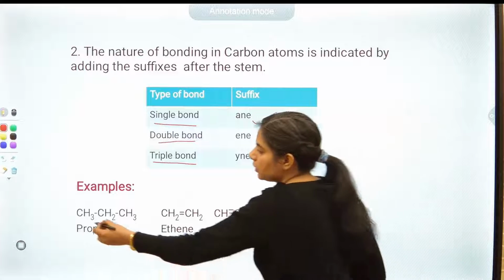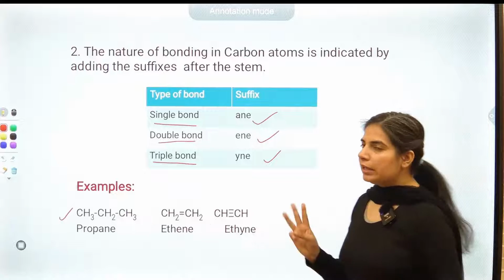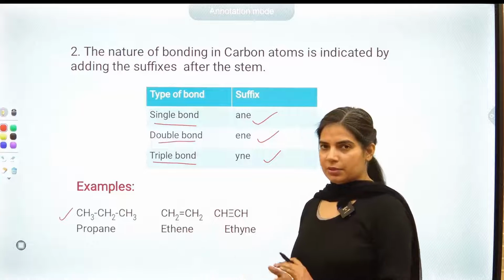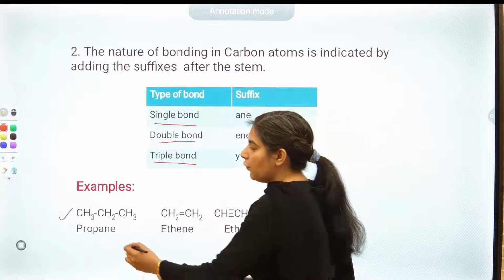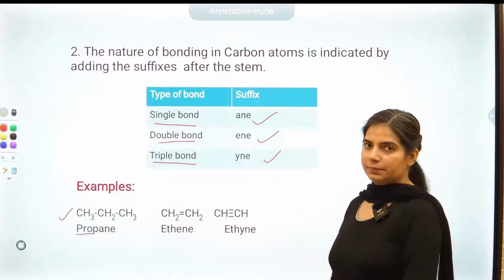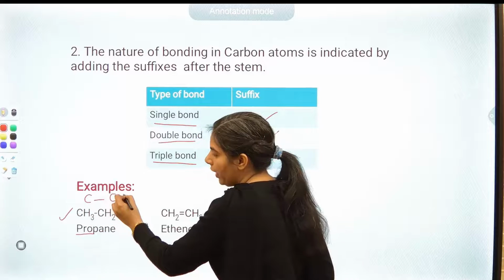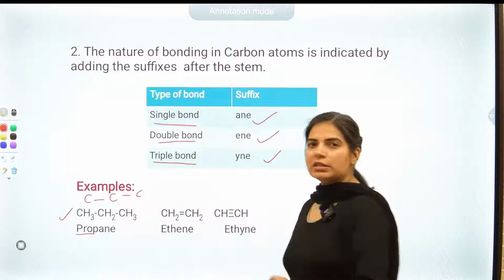Firstly, consider this example. In this example, we have 3 carbon atoms. And we know that for 3 carbon atoms, we are going to use prop. Each carbon is connected to another carbon by means of a single bond.